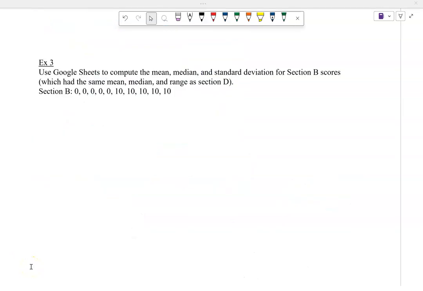All right, let's take that section B data, and this time let's do the mean, median, and standard deviation in Google Sheets. So the first thing you want to do is enter the data.